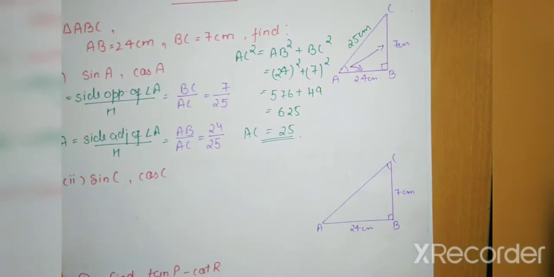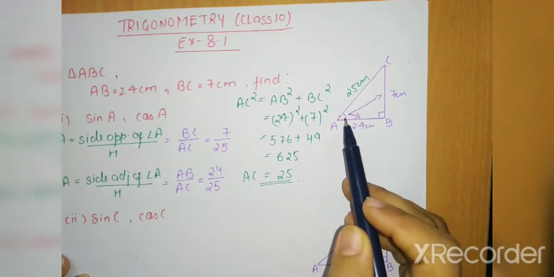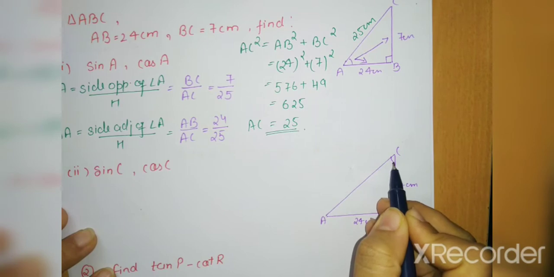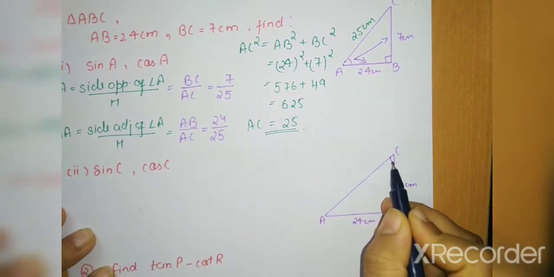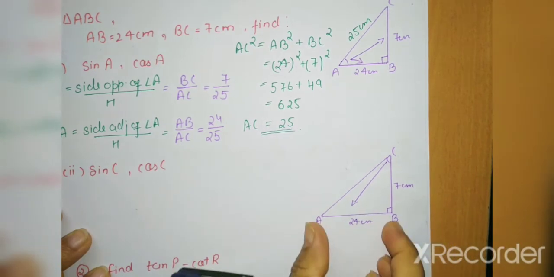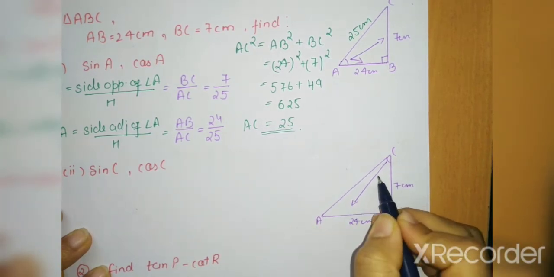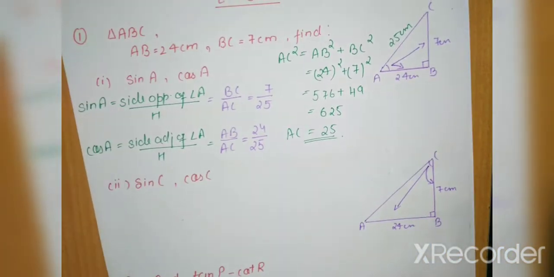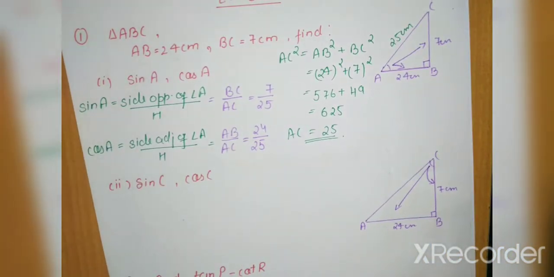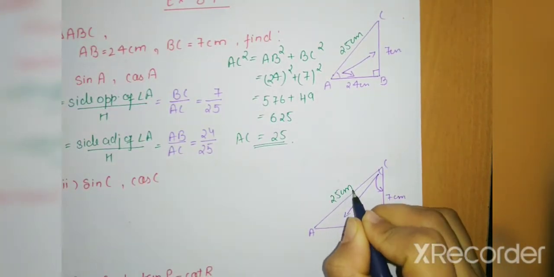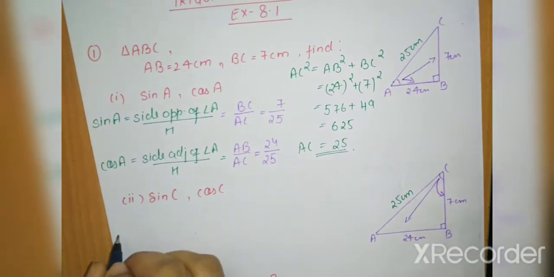Before we had angle A. This time we have to consider angle C. For this angle, the opposite side will change. This will be the opposite side, AB, and the adjacent side will be BC. We have just found AC, which is 25 centimeter.